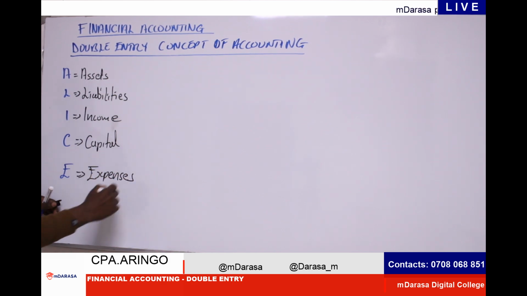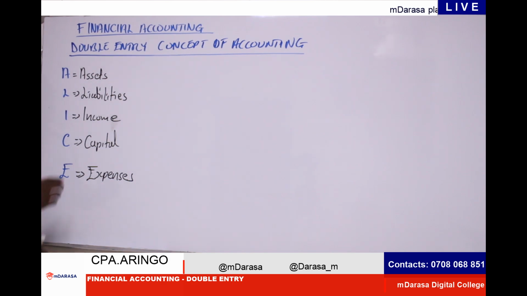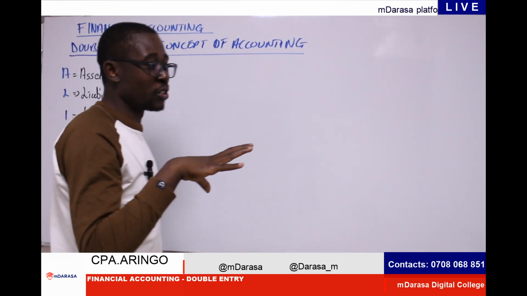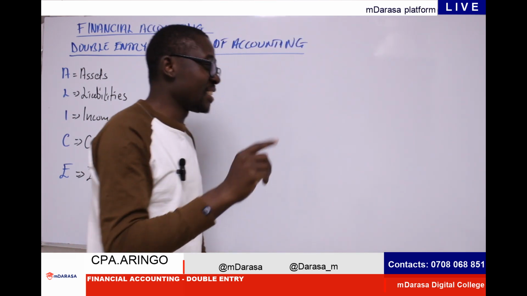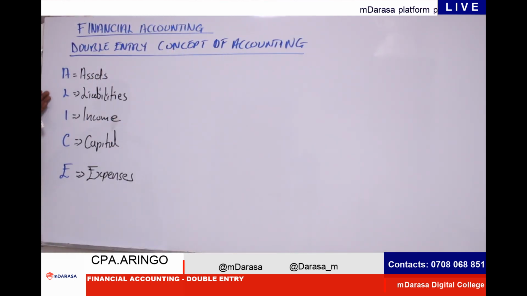Okay? So this is Alice. And if you're doing accounts and you don't love Alice, then you're in the wrong profession, right? Because this is a fundamental foundation of accounts.